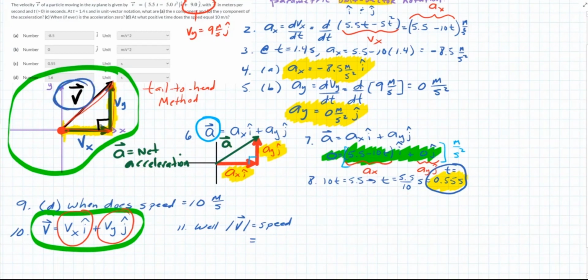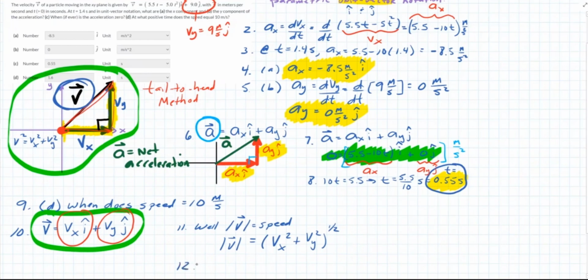The answer is it's whatever the Pythagorean theorem says it is. So the magnitude of this velocity vector, in addition to being known as speed, let's just use the square root of Vx squared plus Vy squared. That's the Pythagorean theorem, because V squared equals Vx squared plus Vy squared. So that's all I'm doing with step 11.